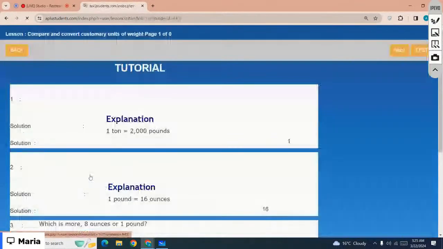Let's just start with the example. 2000 pounds equal how many tons? So these are the basic units, right? 1 ton equals 2000 pounds.